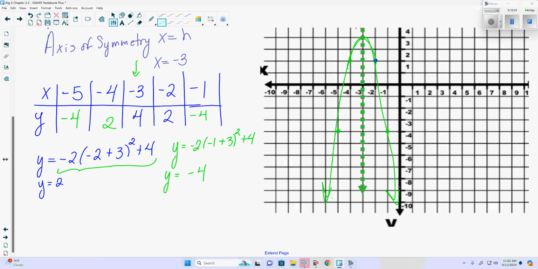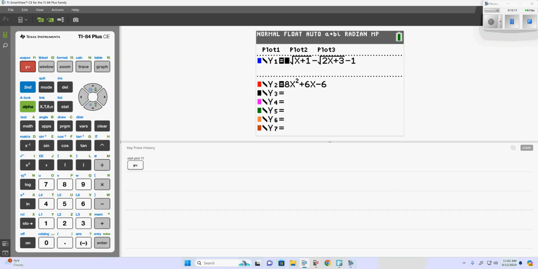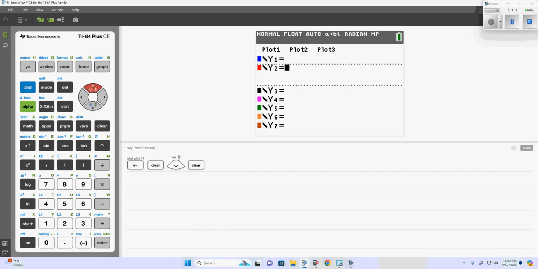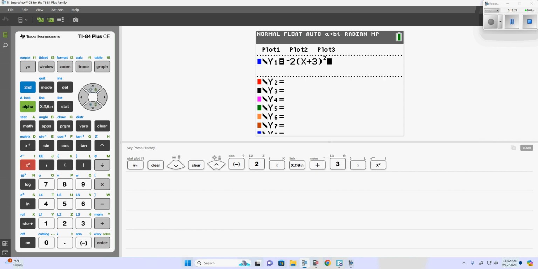I said at the beginning, graphing, I'm not going to put a big emphasis on it because of this right here. We have access to these graphing calculators, and here, figure this out: -2, parentheses, x plus 3, close parentheses squared, plus 4. This is the equation that we had to start with, yes?